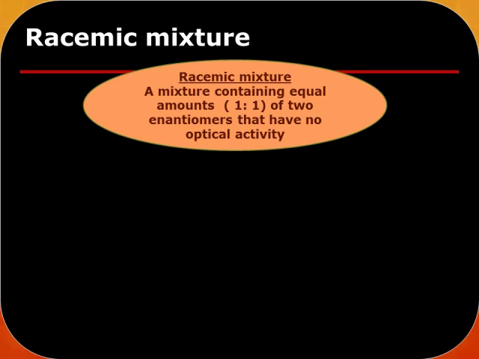Understood? That means the L enantiomer and the D enantiomer are both present in equal amounts, and at the same time the mixture has no optical activity. One rotates clockwise and the other anti-clockwise, so eventually their rotations cancel out and there is no optical activity at all.